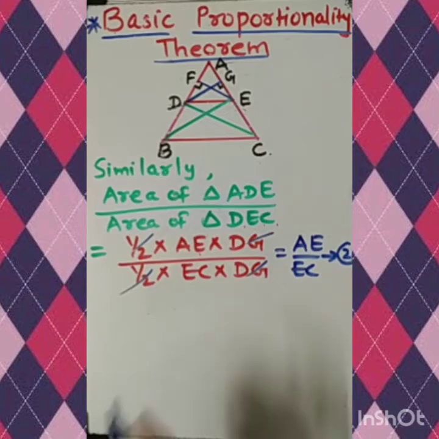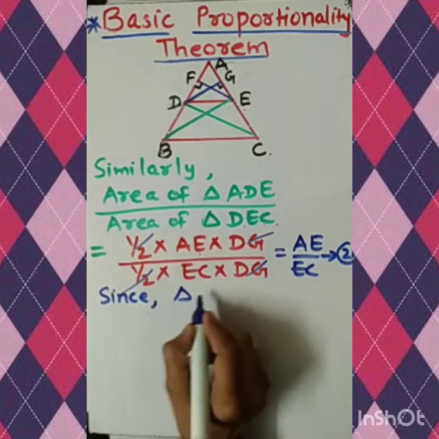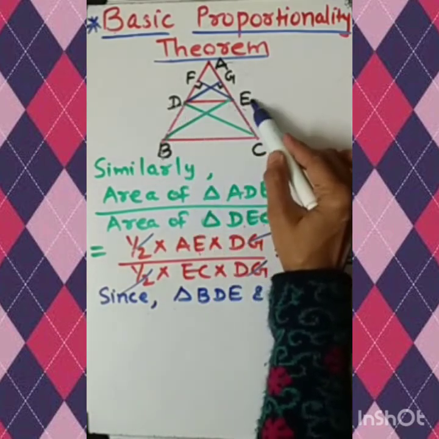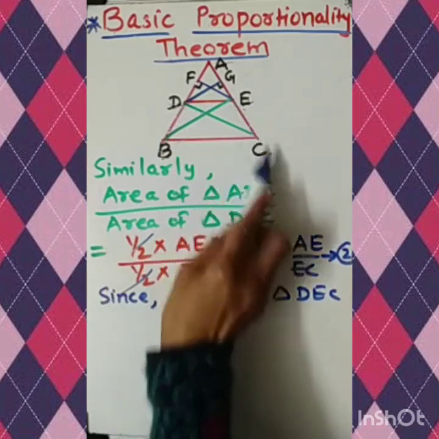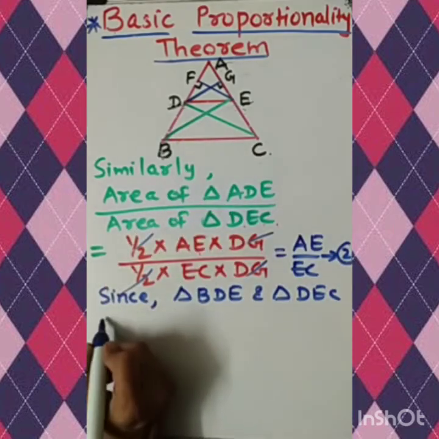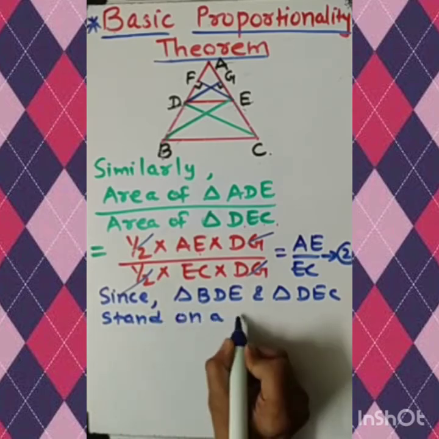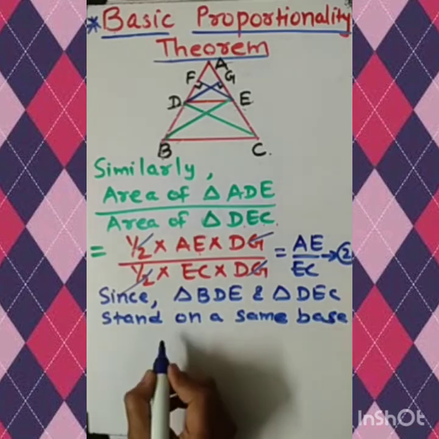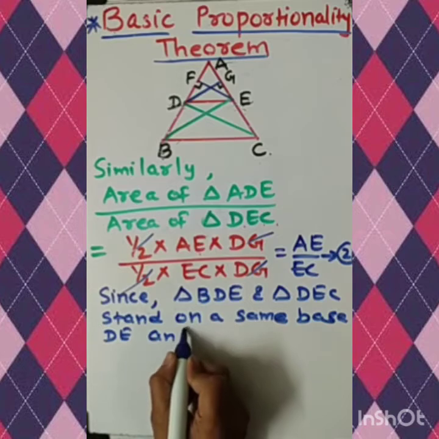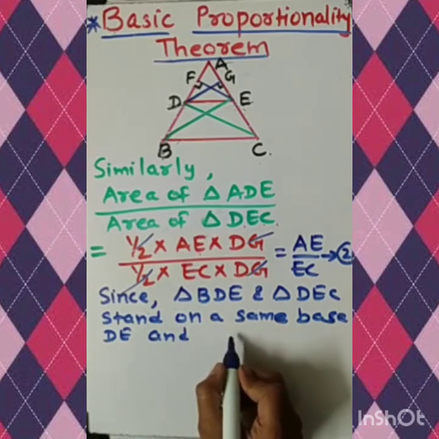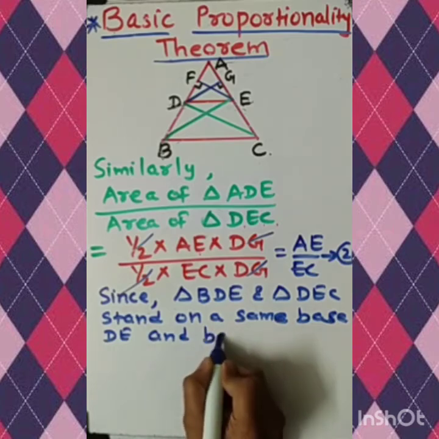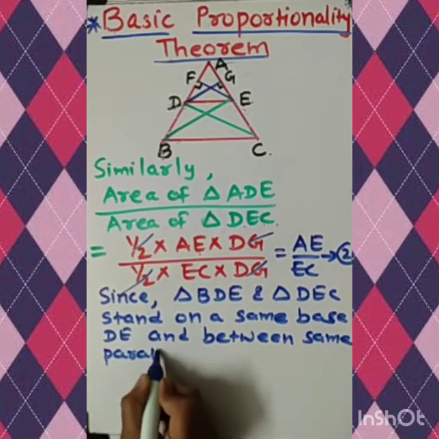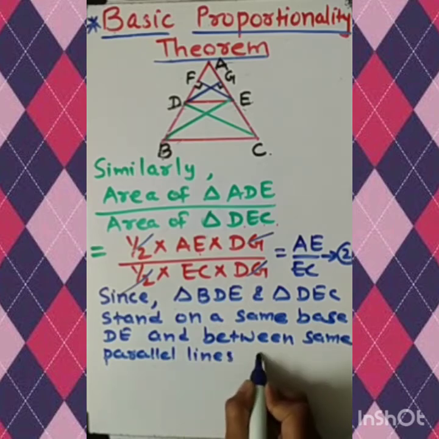We know that triangle BDE and triangle DEC stand on the same base DE and between the same parallel lines, that is DE and BC.